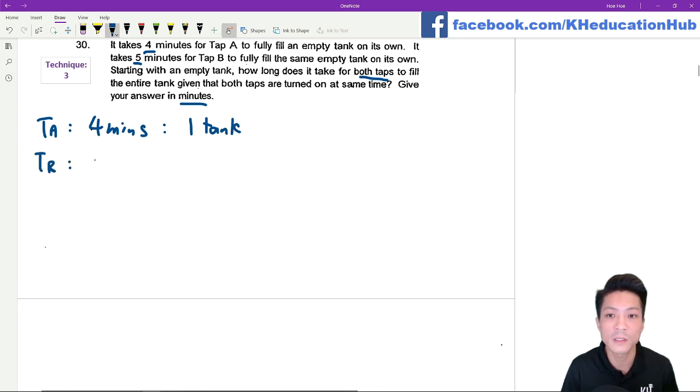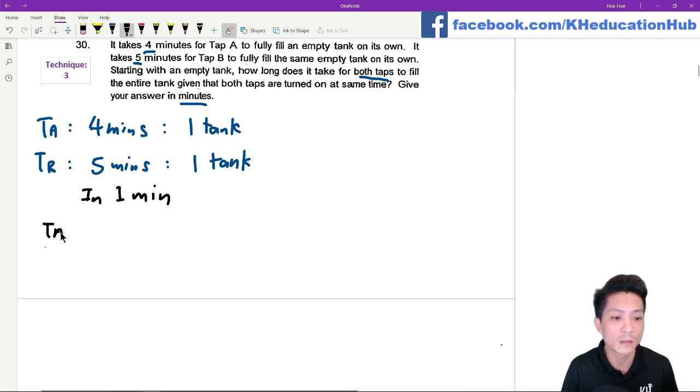Tap B takes 5 minutes to fill up the same tank, which means that in 1 minute, okay, tap A can fill up a quarter of the tank, and tap B can fill up 1/5 of the tank.